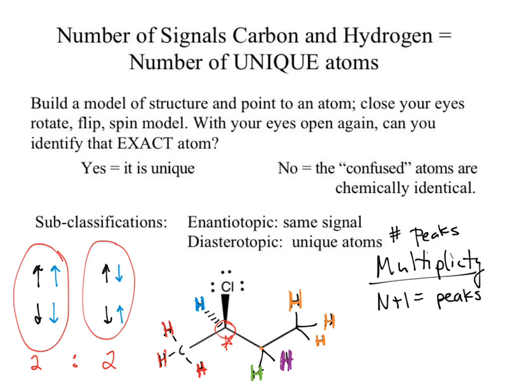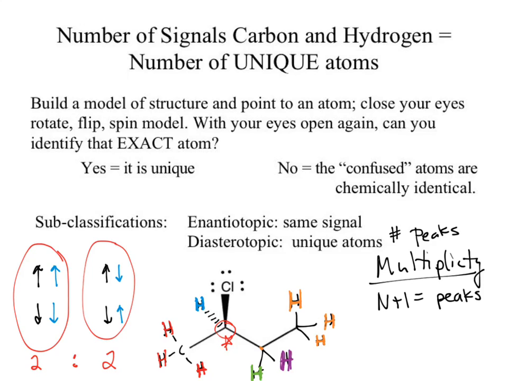Now we go through the exact same situation and check all the possible alignments and all the possible magnitudes, and what we end up seeing is that we get 3 sets of possible signals. Within those 3 sets, we'll get a ratio of 1 to 2 to 1.